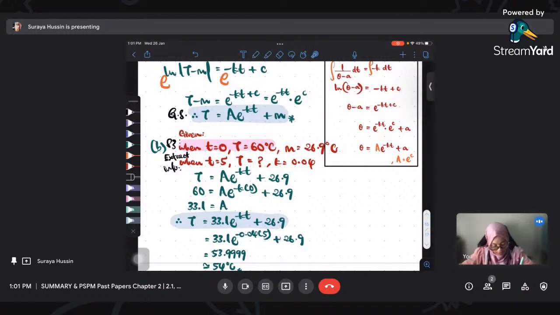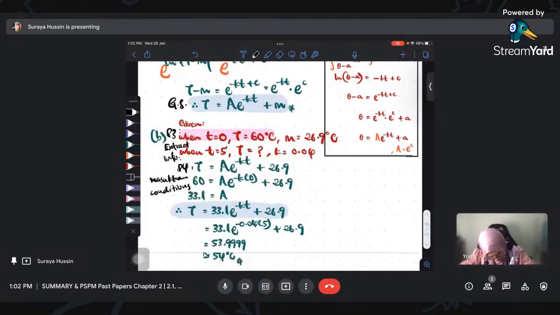Saya macam dilema sikit. Step keempat, okay lah. Step keempat, masukkan condition ke dalam general solution. Step keempat, tulis masukkan conditions ke dalam general solution.